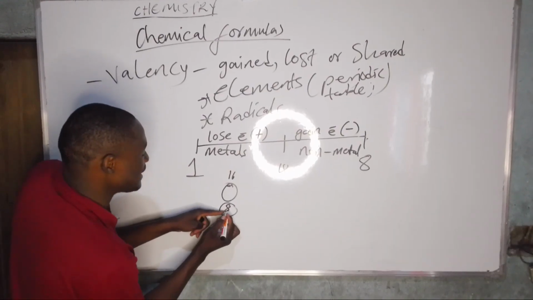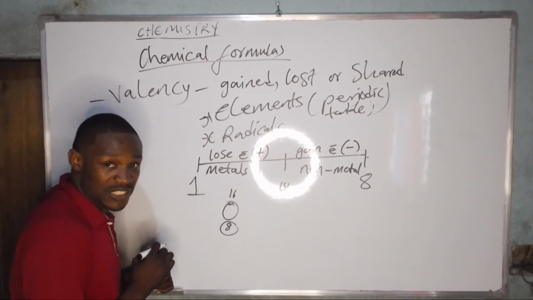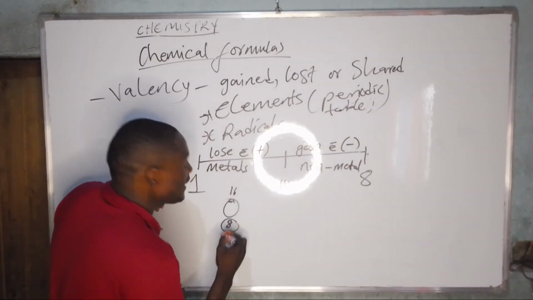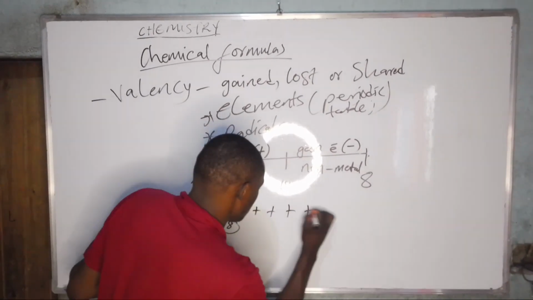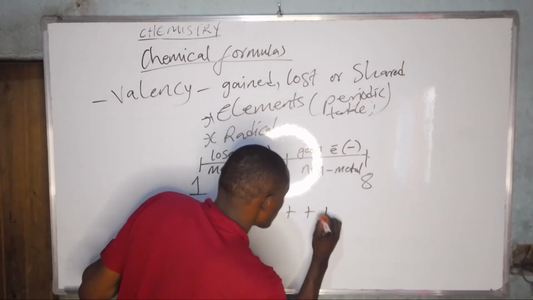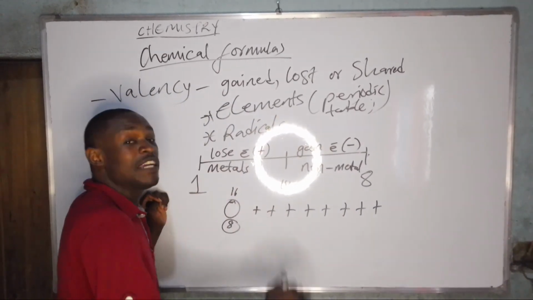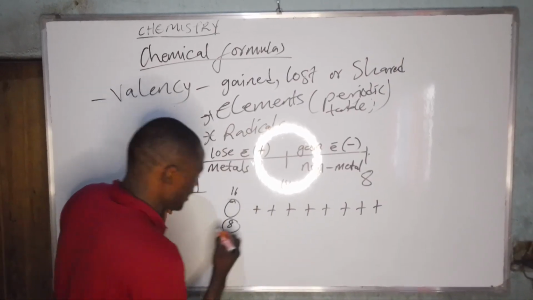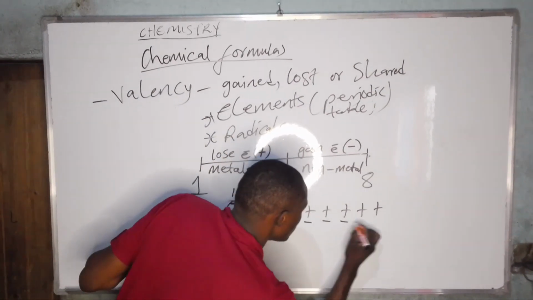Therefore, we are going to get this 8 as equal to the number of electrons. Let's say we have 8 protons in oxygen. So 1, 2, 3, 4, 5, 6, 7, 8. Which means we have 8 electrons in oxygen. So we are going to pair them like this.